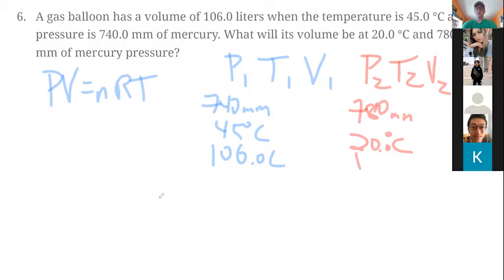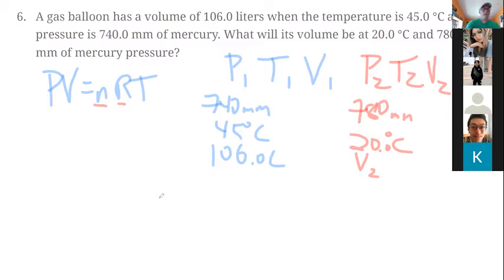That's what we're solving for. So we're solving for V2. Okay. So in this situation, N is staying constant and R is staying constant.